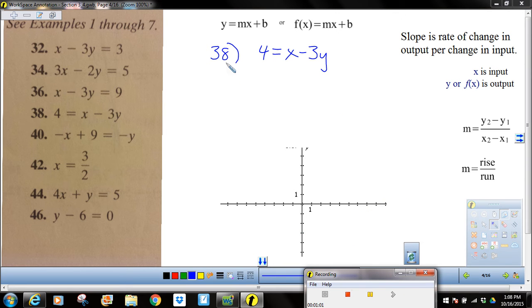On 38, I don't see any kind of benefit in trying to find the x-intercept and y-intercept, so I'm going to solve it for y and get it in slope-intercept form. I would like to have this 3y on the left, so I'm going to do plus 3y on both sides to get rid of that -3y on the right.